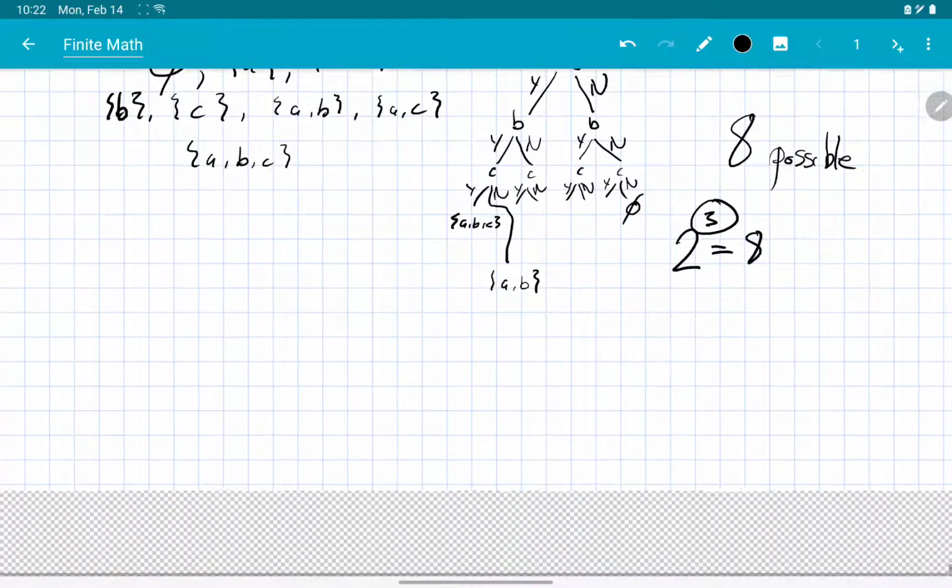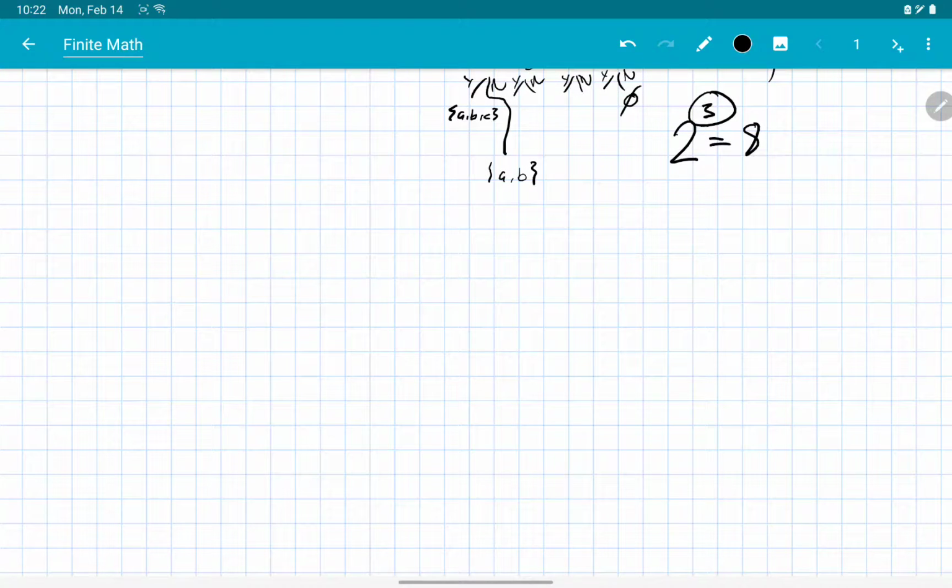Okay, last definition for today is that of the complement.